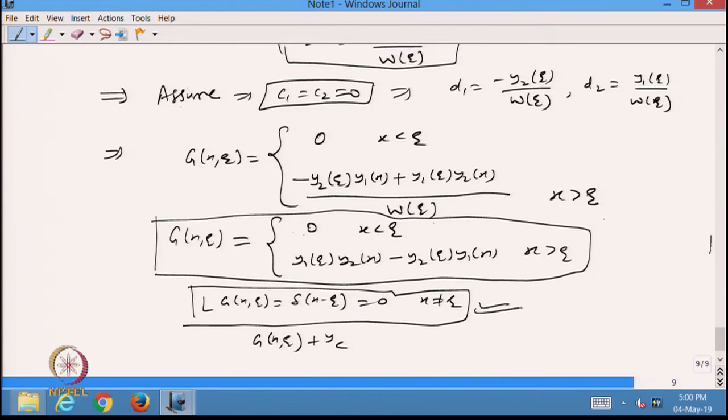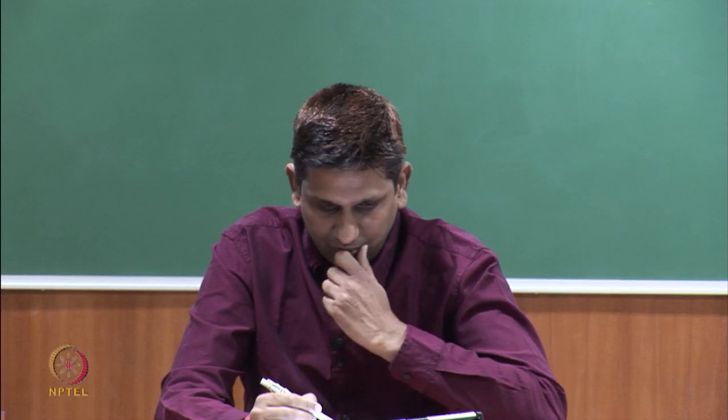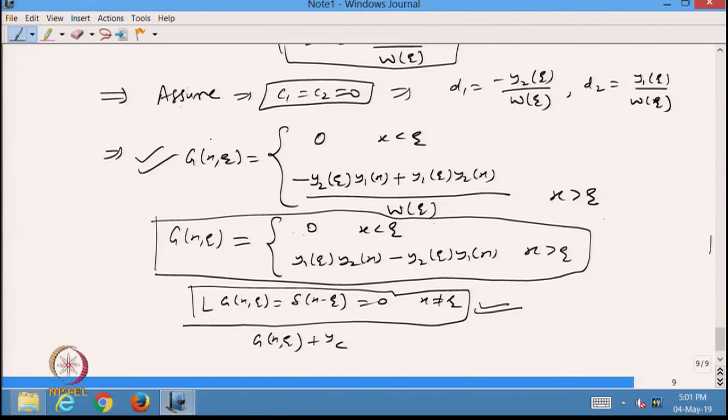Depending on what I have chosen, in this case C1 and C2 equal to 0, I got this Green function. If I had chosen C1 equal to 0 and D1 equal to 0, then this Green function would have been another one. If we choose C1 equal to 0 and D2 equal to 0, then we get another Green function. So, this Green function is not the unique solution. If we assume C1 and C2 equal to 0, then this is the corresponding Green function for the given second order linear differential equation.